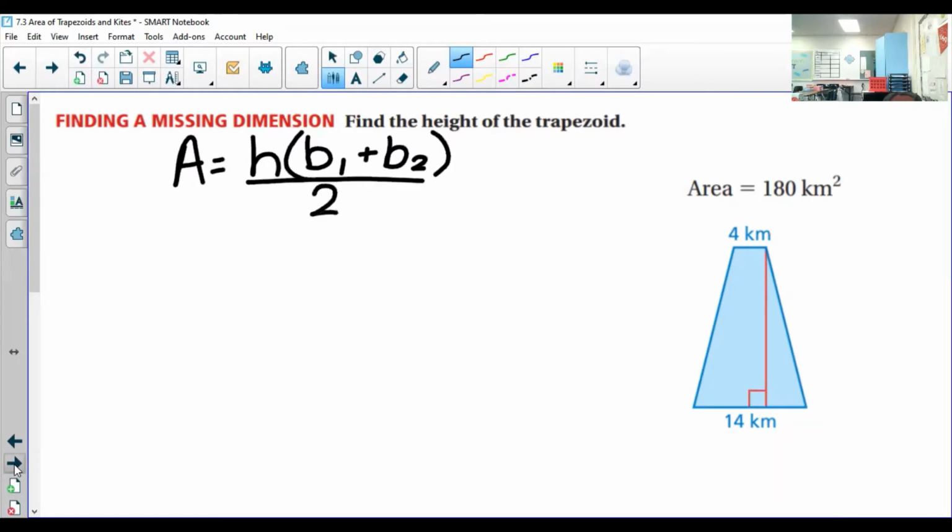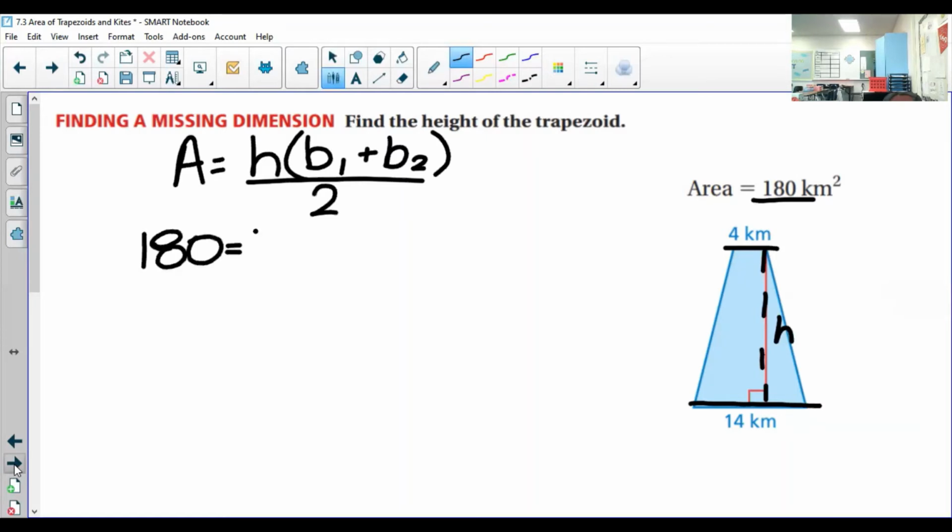Plug in the numbers. Let's come over here to the blue trapezoid. My area is 180. Okay, my base is 4 and 14, and my directions say to find the height. So that red line right there is what we're going to try and find. So let's plug in the numbers. My area is 180.